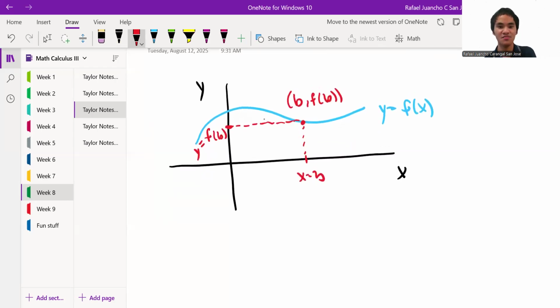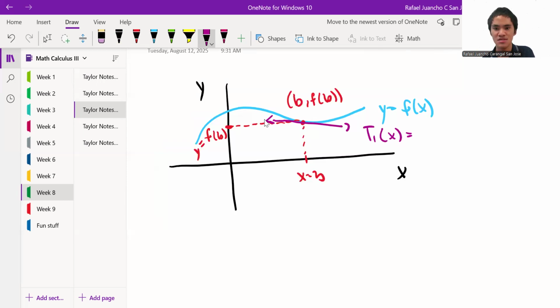The way we can estimate this is to use a tangent line approximation or a first Taylor polynomial. So how do we do that? Well, probably it looks something like this. And this is our first Taylor polynomial, which is equal to a line. So it's an approximation, right?